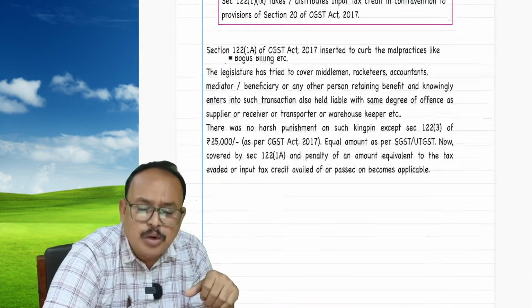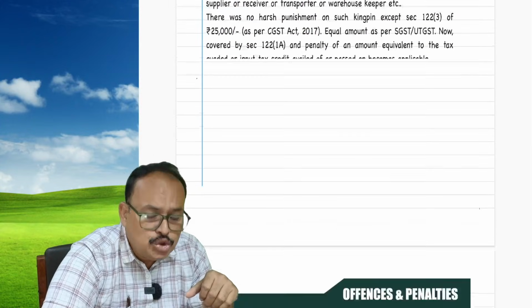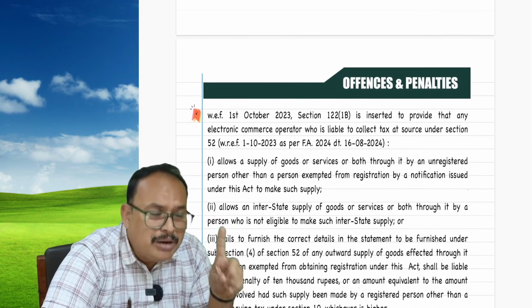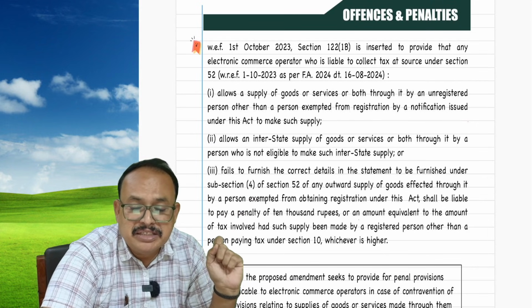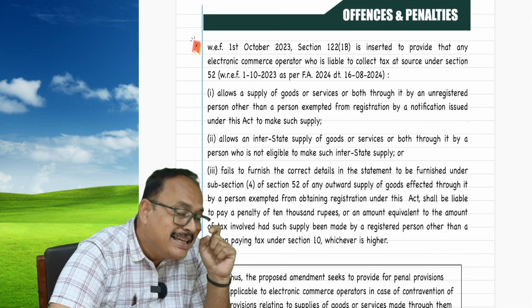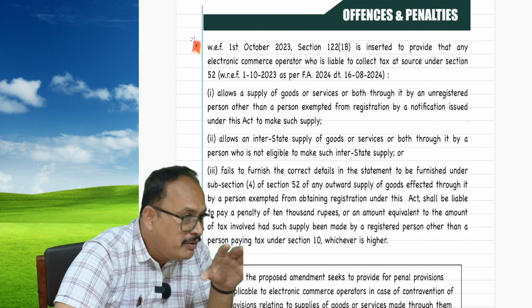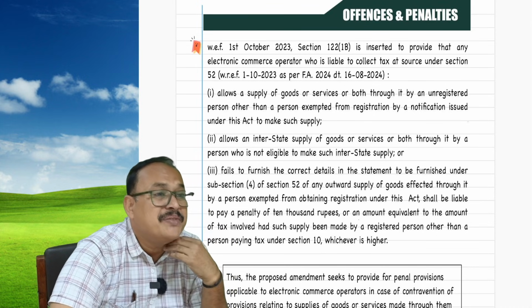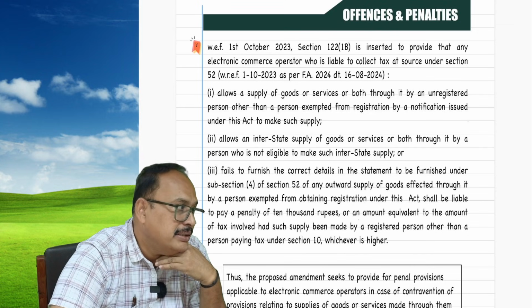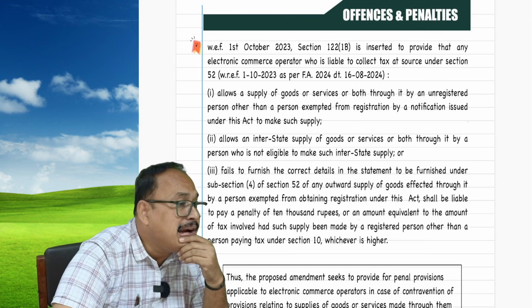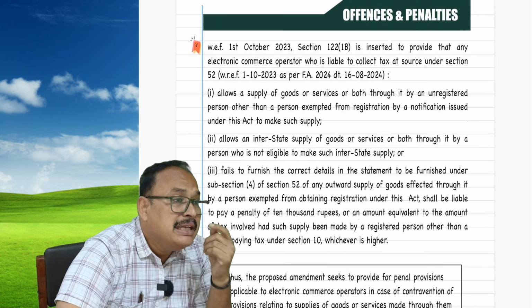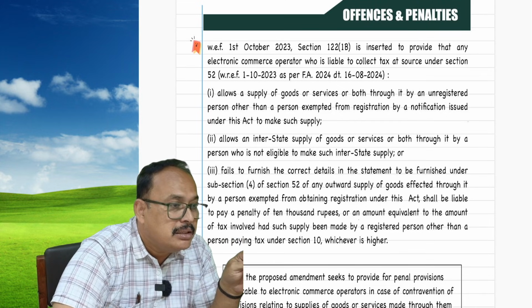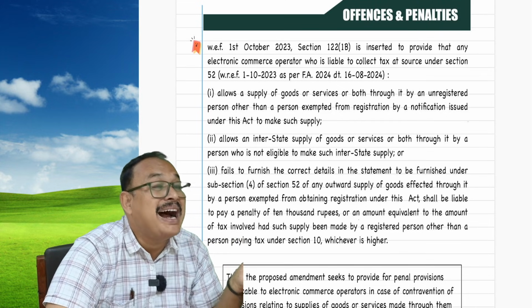Further, Section 122(1B). 1B is a new provision introduced from 1st October 2023, which talks about an e-commerce operator. You are aware of it? Liable for collection of TCS, and if not collected, penalty. Who will collect TCS? An e-commerce operator. Now, the e-commerce operator is allowed to supply the goods of an unregistered person.